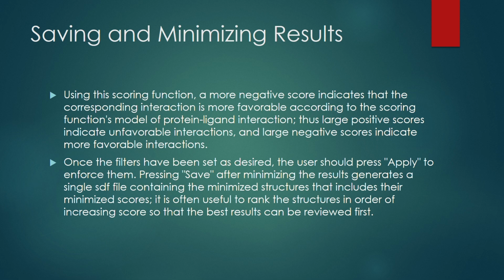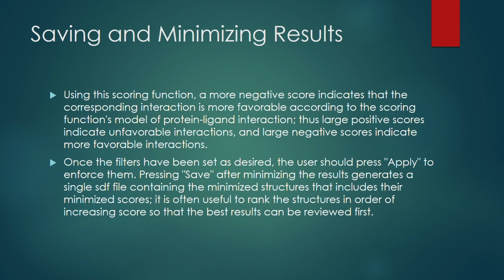When the user searches on the basis of molecular shape, they can minimize their results and rank them on the basis of the scoring function. Once the filters have been set as desired, the user should press apply to enforce them.